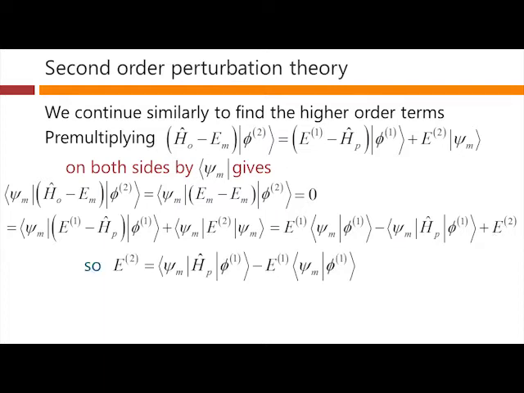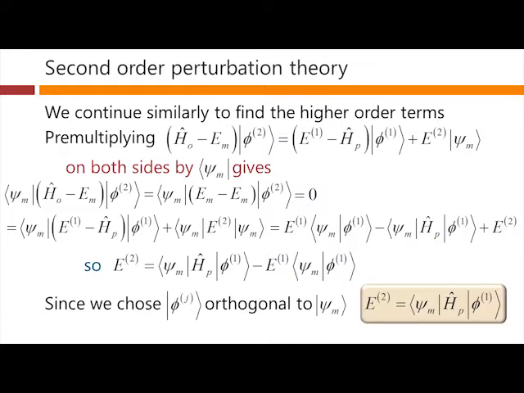So E2 is equal to ψm HP φ1. That's taking this term over to the other side. 0 here, so we take that over to the other side. And we have this term also taken over to the other side. But we chose φj to be orthogonal to ψm. We said that we would always find that in our algebra if we followed it through, that we could make that choice.